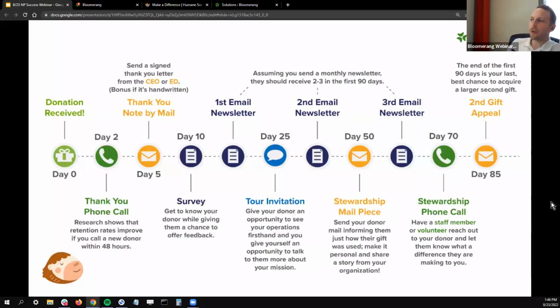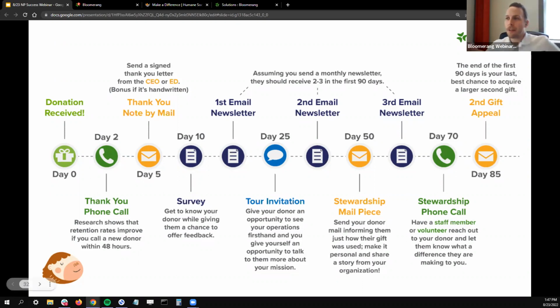I do think working towards and having a set day that you want to send that second gift appeal is a good strategy. So strictly keeping day 20 to day 70 as more cultivation, I think this is a solid plan. However, if you do want to bump that up, maybe you buy that second email newsletter, you do have options. I think it never hurts to have some form of a donation option in any of the newsletters.